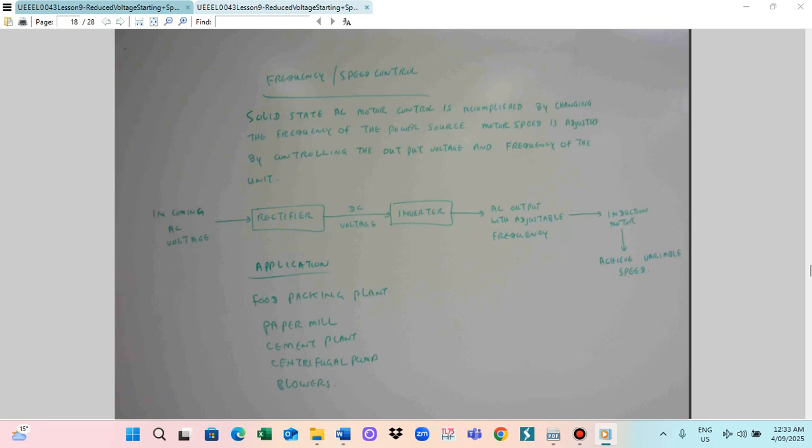The variable firing current, so this is a firing current, the firing gate current, is controlled by the variable resistor.